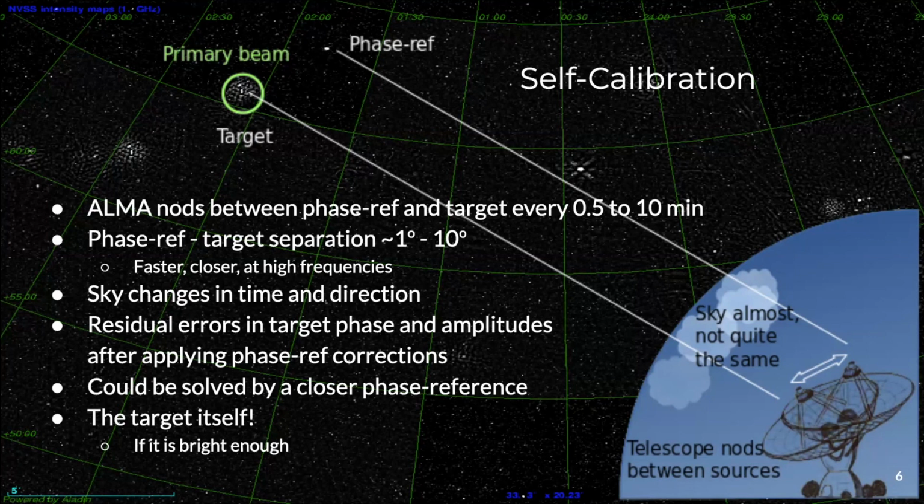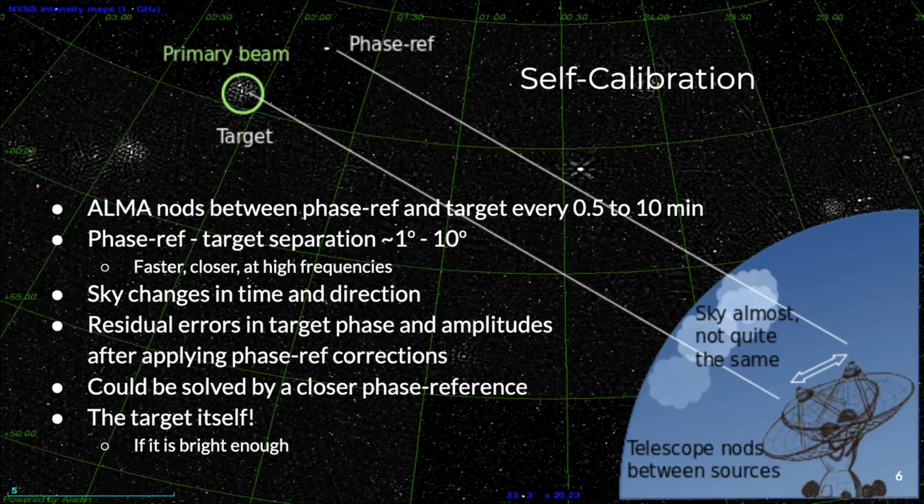Sometimes that is not possible, and you end up having observations of your phase reference not as close as you might want to your science target. In those cases, when you apply the corrections that you find on the phase reference to the science target visibilities, you might end up not fully correcting and having some residual phase offsets that will lower the quality of the final product, that very map that you want to put in the paper.